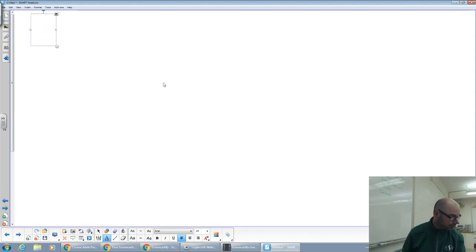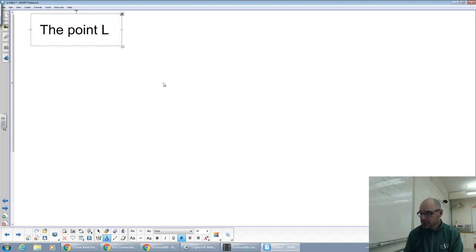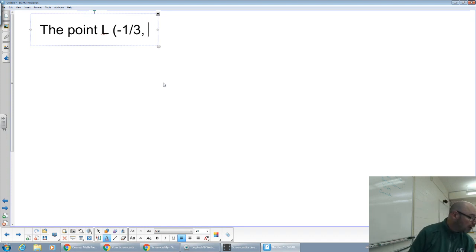All right, let's say the point at L is negative 1/3, again, I have a fraction, and positive 2 root 2 over 3. I can't write that very well with this typing.